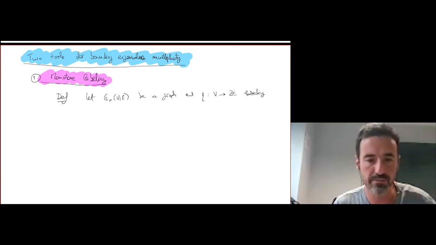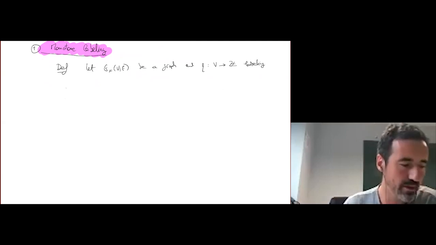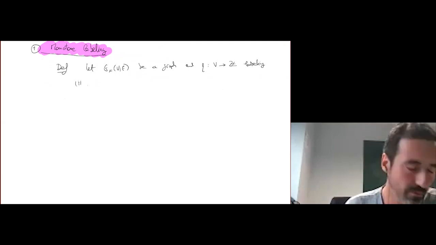Now once you have your labeling, we split the vertices into three categories.